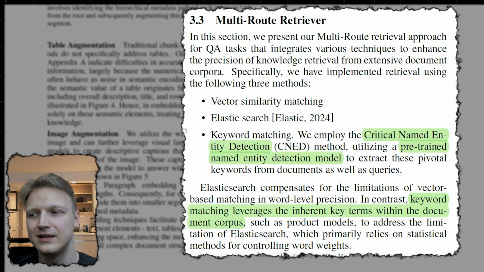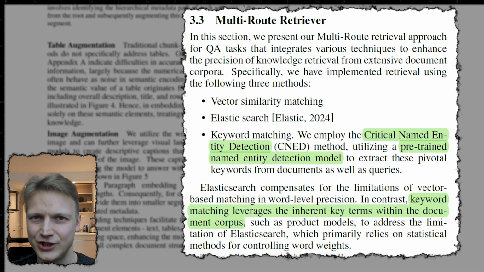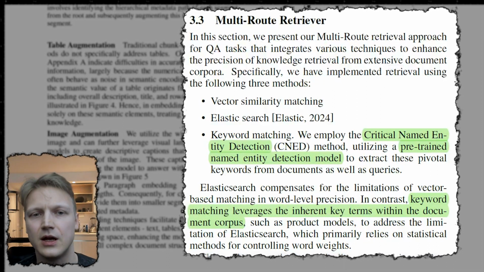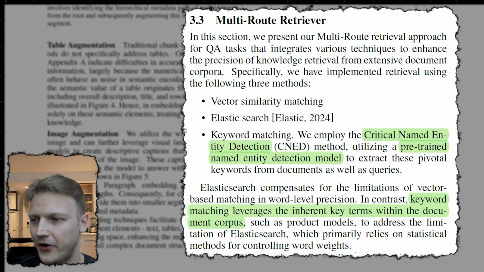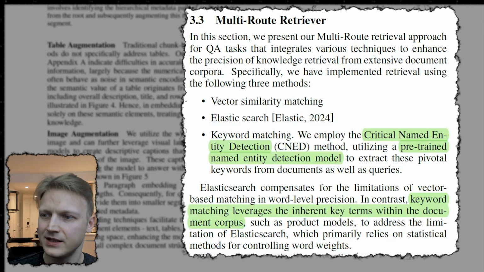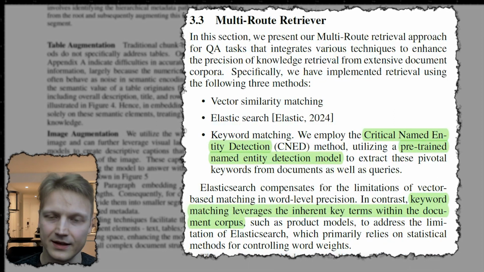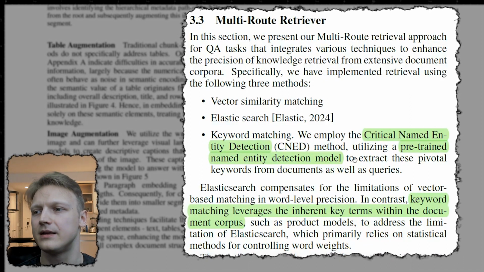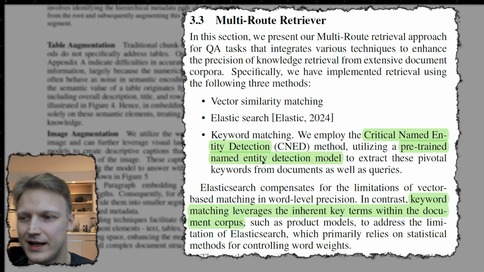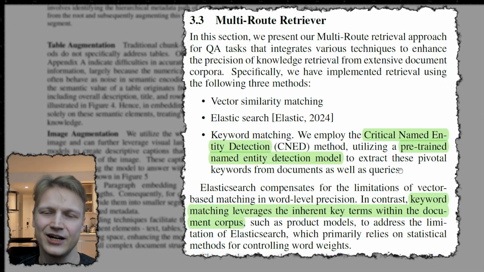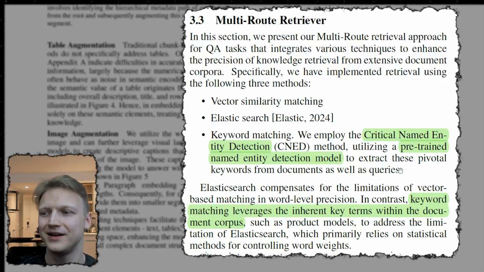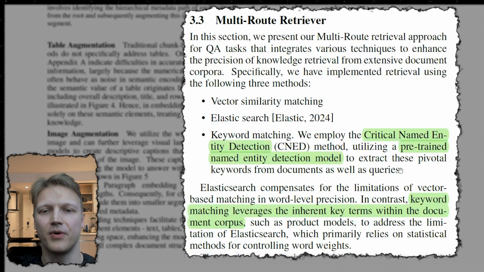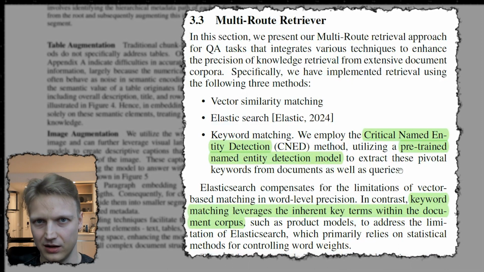So sometimes you need this keyword matching mechanism functioning under the hood, to point to the right documents in the first place, okay? But they also apply this third method, which is also keyword based, but they use a special pre-trained entity detection model to identify the critical named entities, okay? And it just improves the keyword match overall.